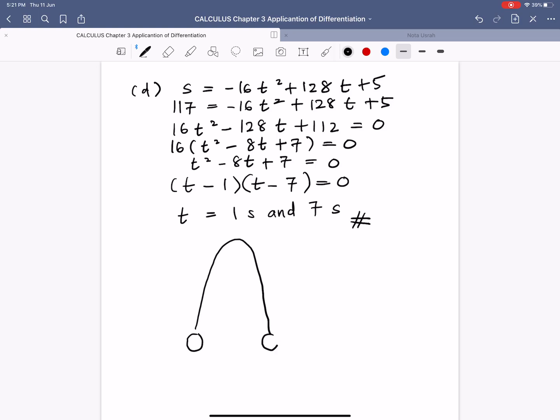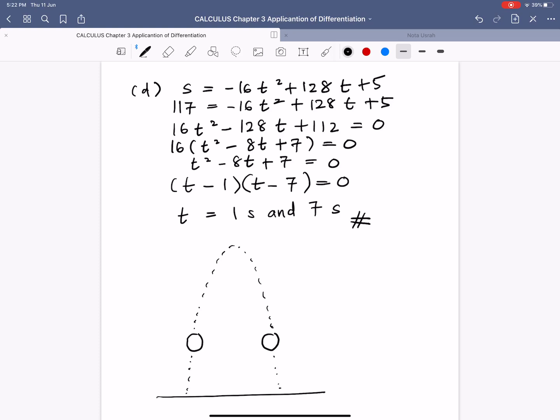Let's say this is the ground. We throw it and then it will fall back to the ground, right?